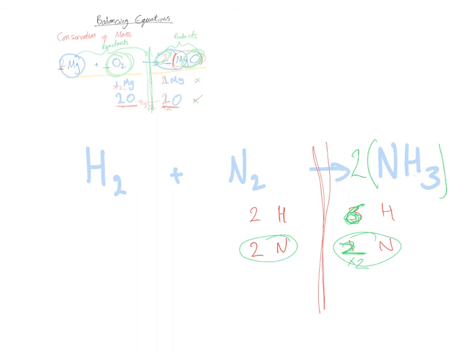To turn this side into 6, I would have to times it by 3. So therefore, I would put a big 3 there. So 3 hydrogens, add 1 nitrogen, make 2 lots of ammonia. I've got the same number of hydrogens on this side as I do on this side, and the same number of nitrogens on this side as on that side. So that would be correct.